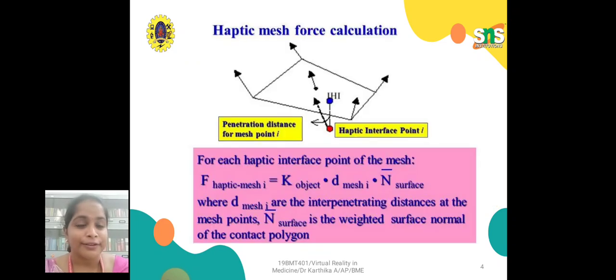Here, to calculate the haptic mesh force, F haptic mesh I is equal to K object multiplied with D mesh I and multiplied with N bar surface. For each haptic interface point of the mesh, we have to calculate this. Here, D mesh I are the interpenetrating distances at the mesh points, and N bar surface is the weighted surface normal of the contact polygon.